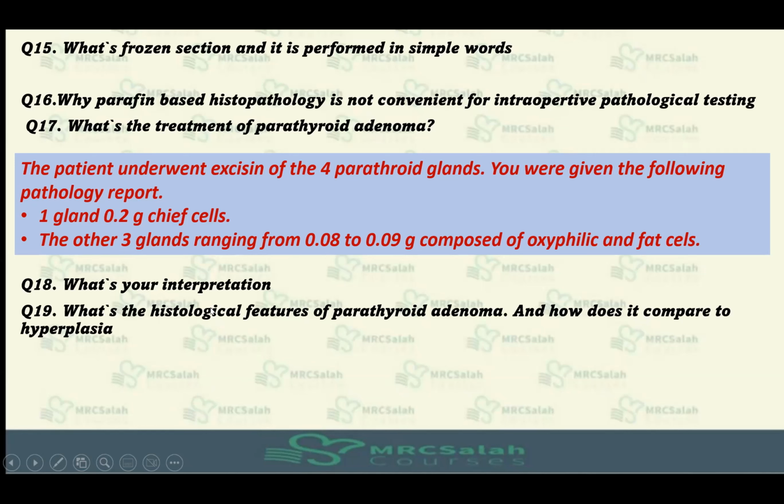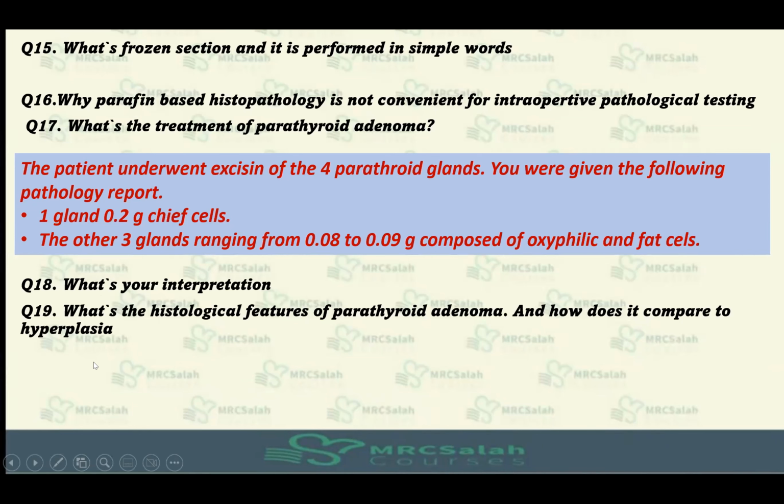How can you interpret this pathology? It's a parathyroid adenoma, and also involution of the other glands. Yes, so the adenoma caused the involution of the other glands.